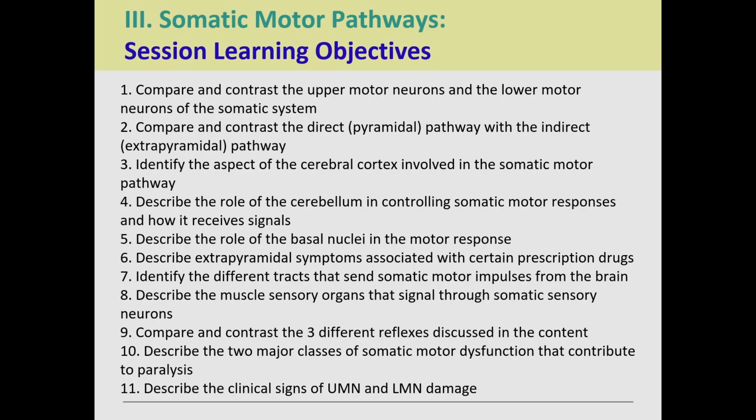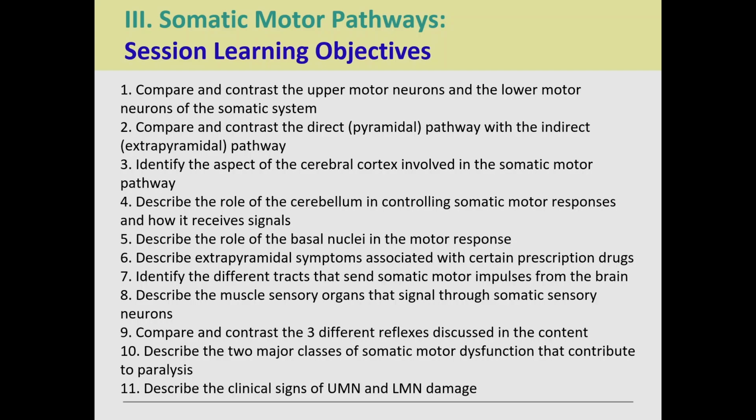We're going to roll it in with number 3 too, where we continue with the somatic motor pathways in more depth, looking at them up close. So we're going to talk about upper motor neurons and lower motor neurons. We're going to talk about the direct or pyramidal pathway, as well as the indirect or extrapyramidal pathway.